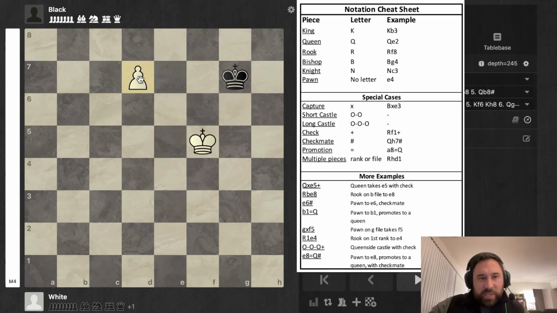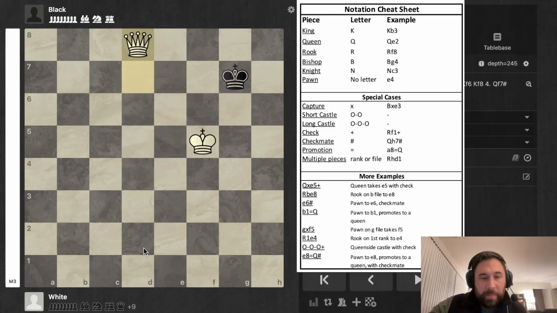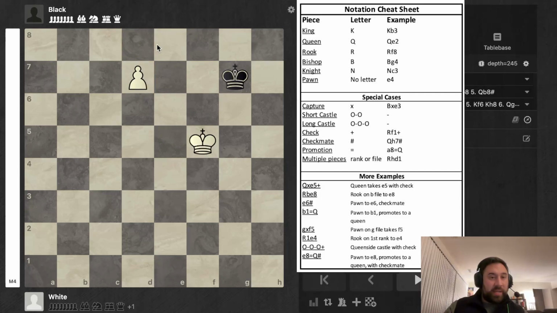If white moves this pawn, the pawn on the D file, it's now going to get to the square D8. So we would say D8 normally, because that's how the pawn moves. The pawn doesn't get a letter, so we just write D8.